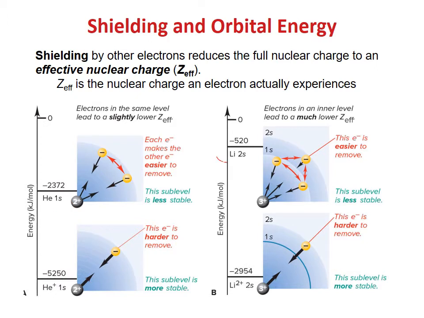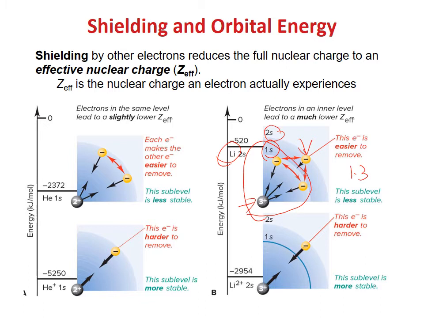In a lithium atom, there are 3 protons and 3 electrons. 2 electrons are in the 1s orbital and 1 electron in the 2s orbital. These 2 electrons in the 1s orbital partially share the nuclear charge, so the electron in the 2s orbital experiences an effective nuclear charge of only 1.3.